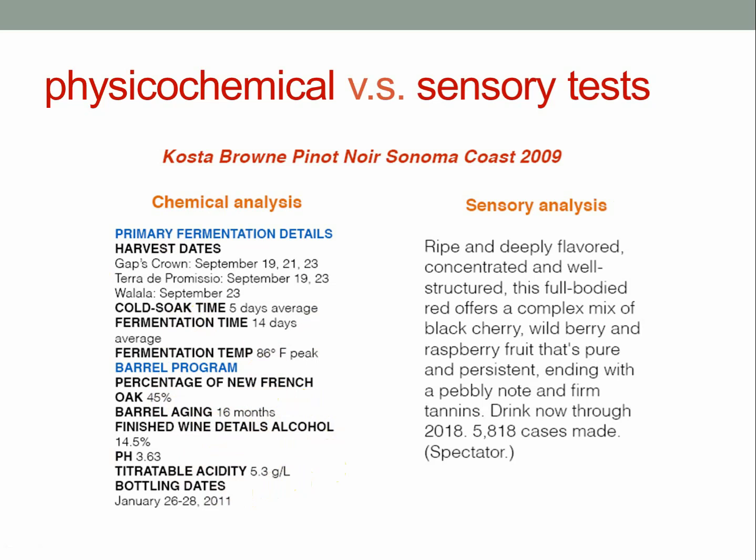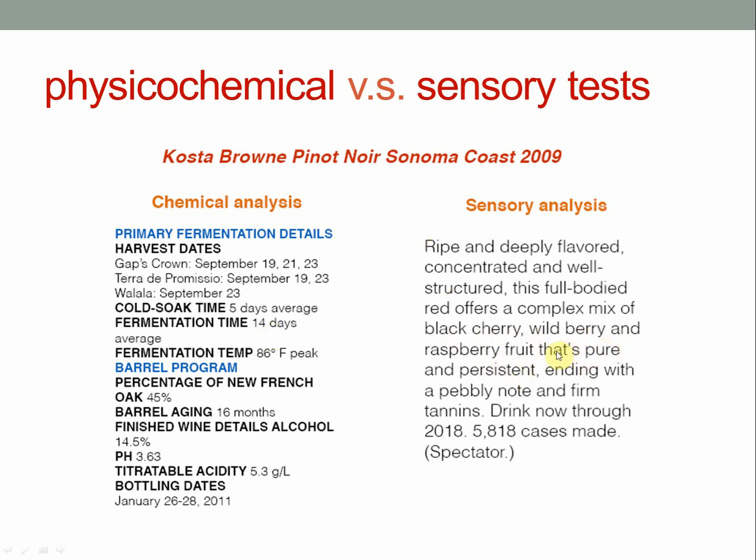However, from a consumer perspective, the sensory analysis might be more interesting, because these experts drink the wine, evaluate it, and describe the characteristics they captured, including ripe and deeply flavored, concentrated, and well-structured, etc. It also gives you some fruity descriptions, such as black cherry, wild berry, and raspberry fruit that's pure and persistent.